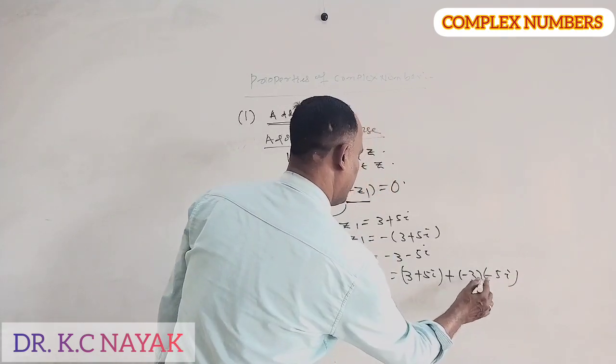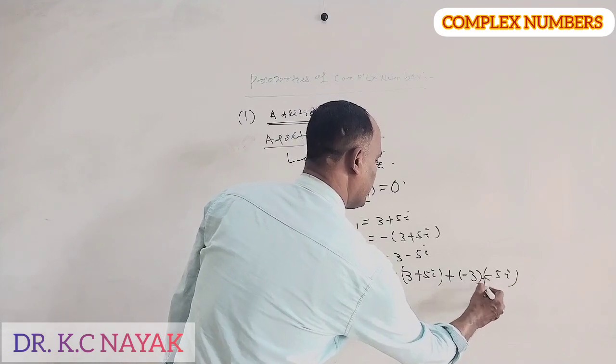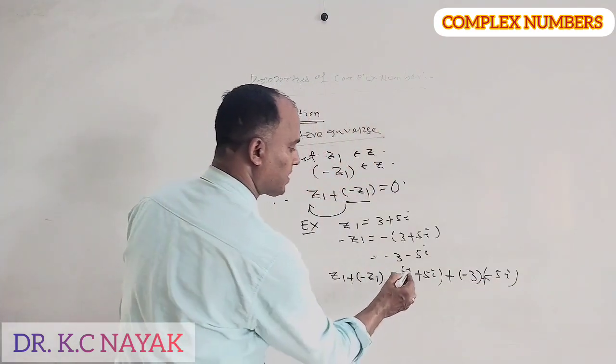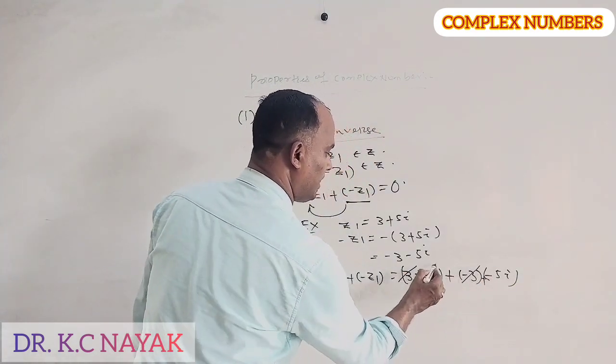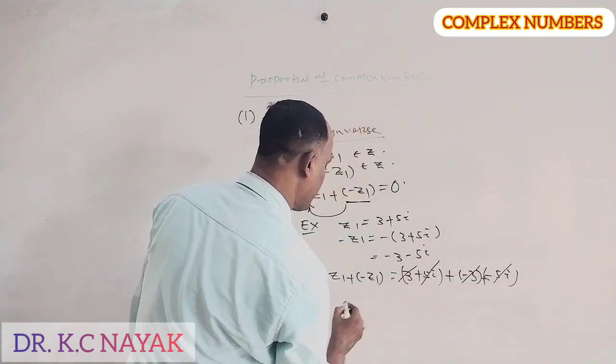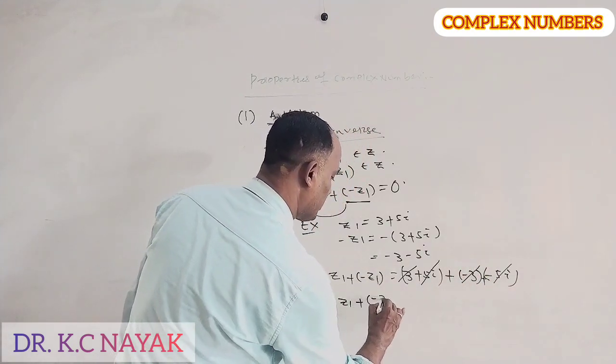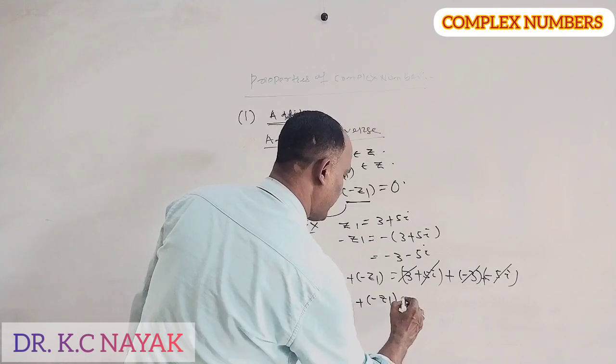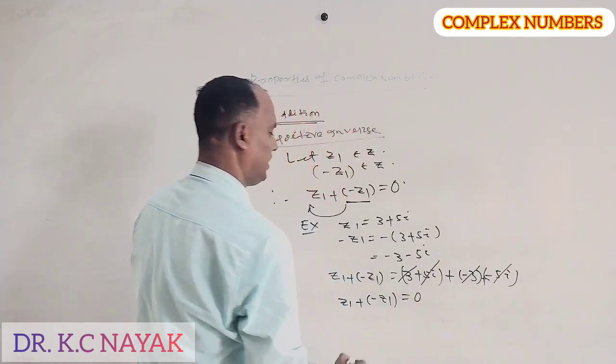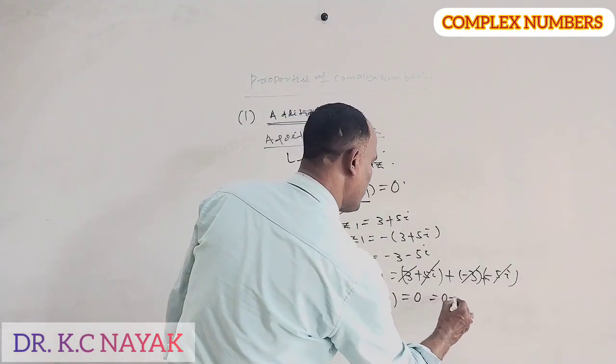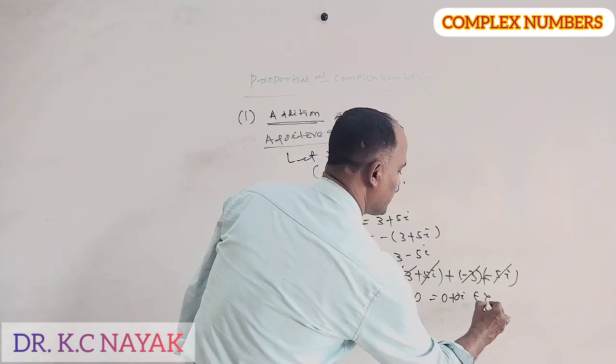The 3 and minus 3 cancel, and the 5i and minus 5i cancel. That means Z1 plus minus Z1 is equal to 0, right or not? And that 0 is also 0 plus 0i.